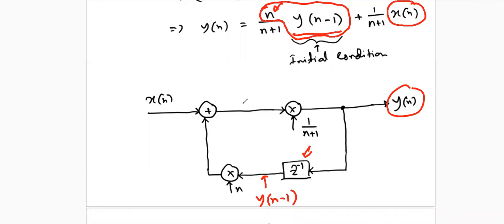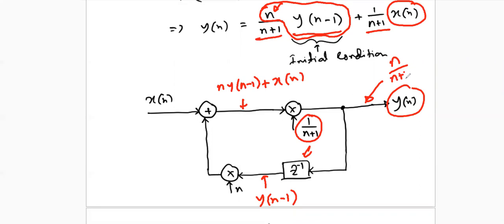So at this point, we are getting the value like this: n y n minus 1 plus xn. And after that, we are multiplying with 1 divided by n plus 1. So at this moment, the output gives you the total value: n divided by n plus 1 times y n minus 1, plus 1 divided by n plus 1 times xn.